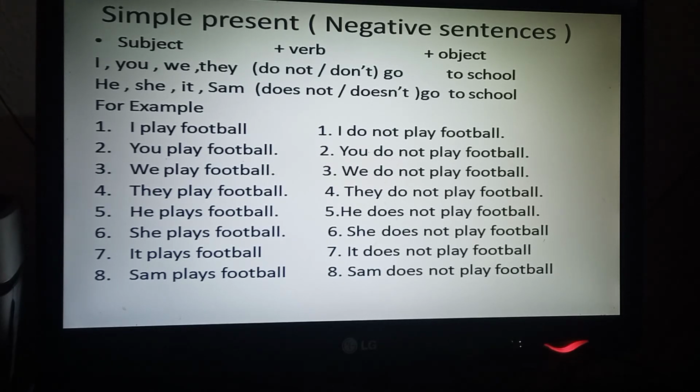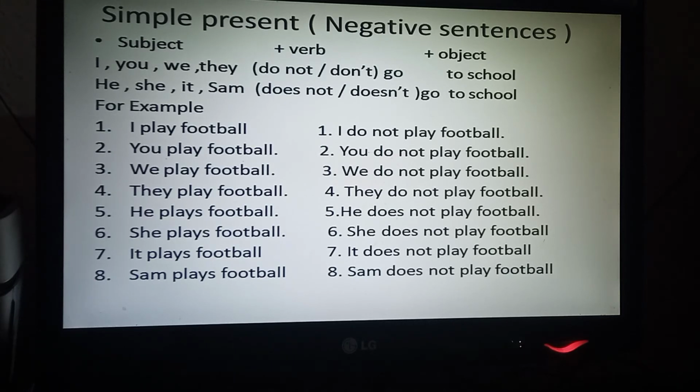For a negative sentence, you're going to add do not in between the subject and the verb. So you can see the subject is I, do not is the negative, play is the verb, and football is the object. So you're going to add in between I, the subject, and the verb, do not, the negative, to make a negative sentence of simple present tense.